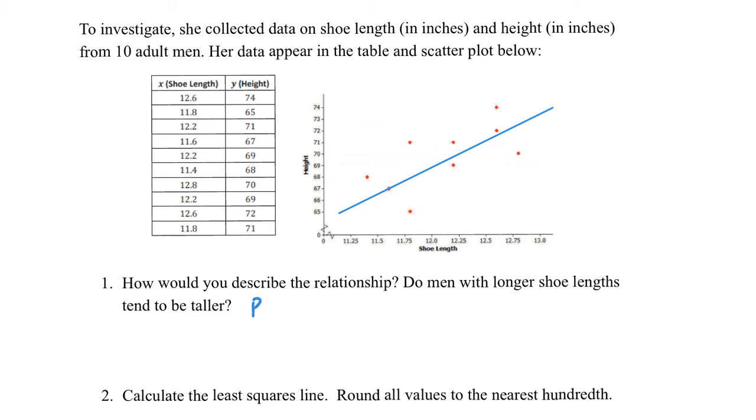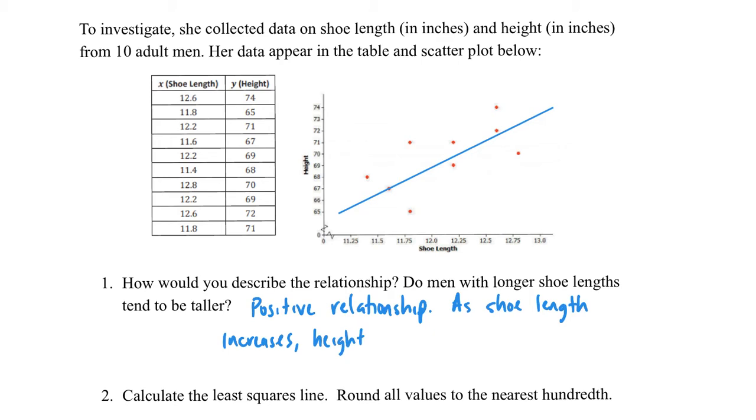So I would say that there's a positive relationship here. As shoe length increases, height also increases. So as the x value increases, the y value also increases.